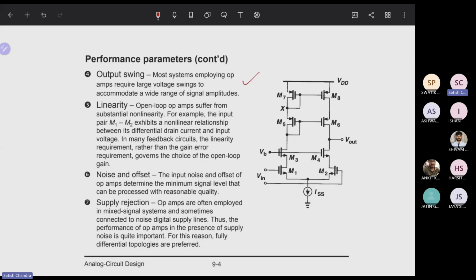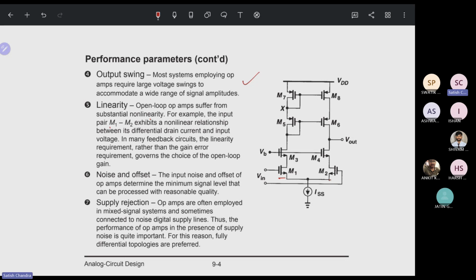Next, linearity. This is the circuit given here. This is also a kind of operational amplifier, designed using CMOS technology. Open loop op-amps suffer from substantial non-linearity. If you look at the input pair, M1 and M2, that is the differential input pair, the non-linearity is between the differential drain current and input voltage.